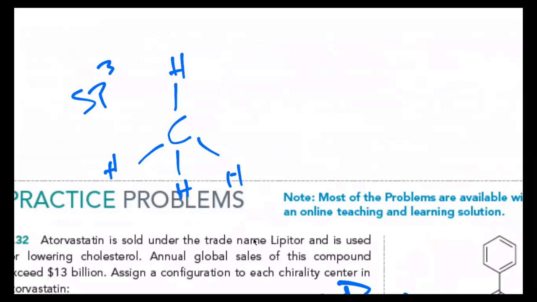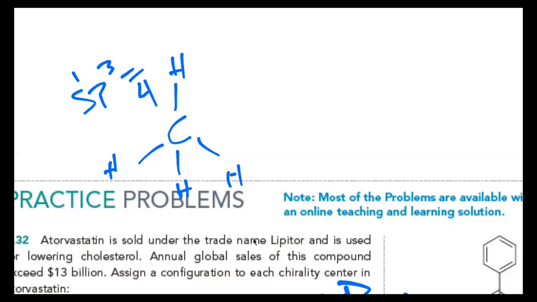Let me show you a quick way to think about this. If we put a 1 where the s is, 1 plus 3 is what? 4. That's how many groups should be around that carbon.